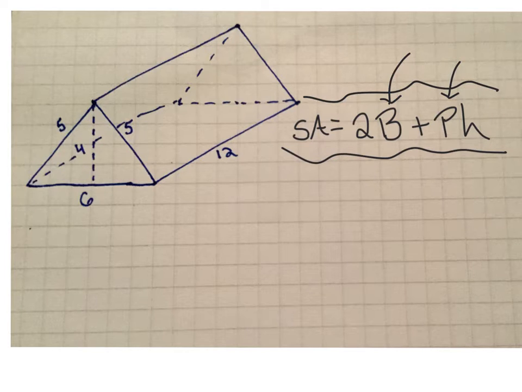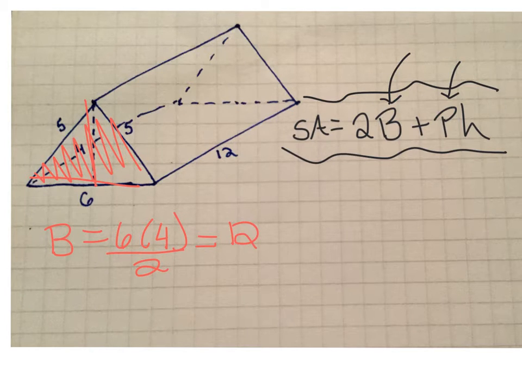So we have to find the area of the base, which is the triangle. So 6 times 4 is 24, divided by 2 is 12.